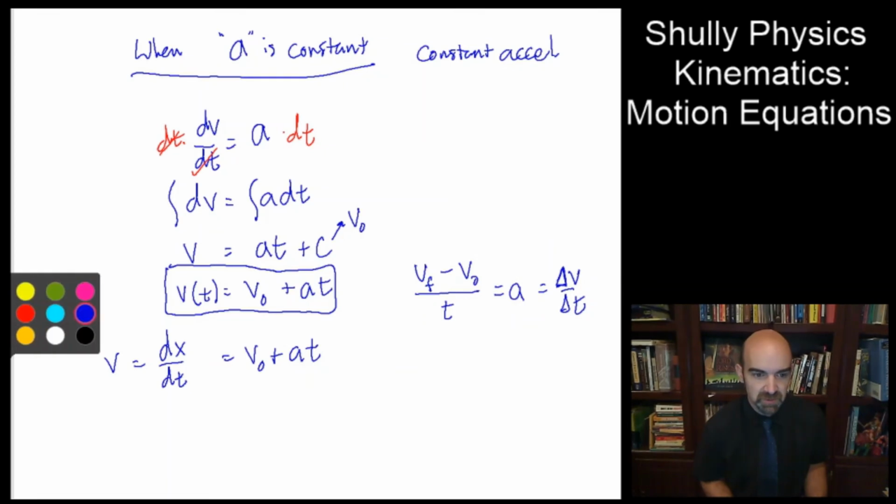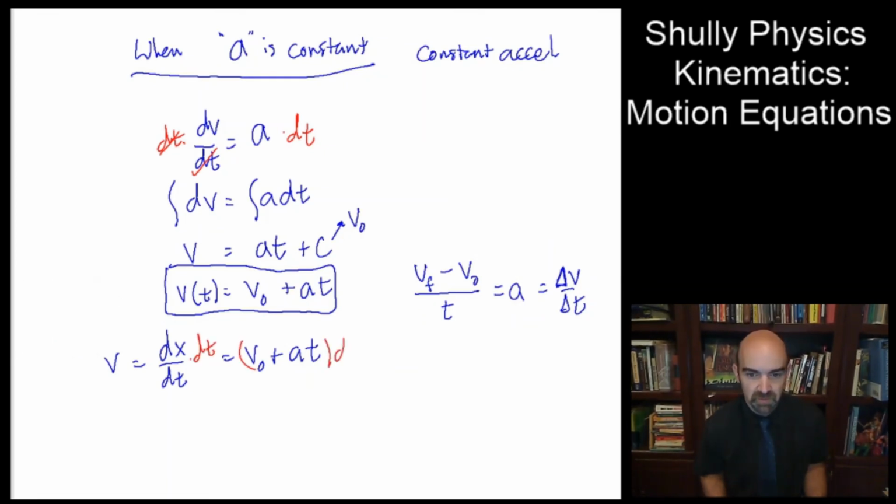If we multiply both sides by dt, they go away, and we get dx equals, forgot to integrate here, need to integrate. All right, so we integrate a constant, you get v0 t. So integral of v0 with respect to t, v0 dt, is the initial velocity times time.